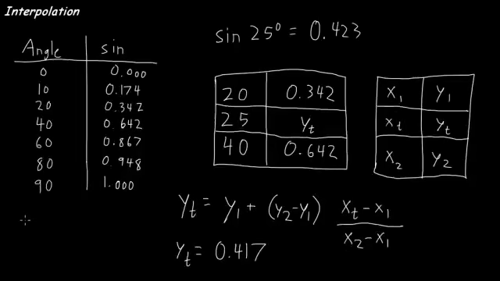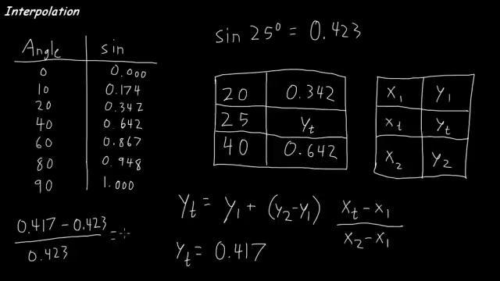An additional exercise that's good to know how to do is calculate percent error. So let's calculate exactly how close to the correct answer we got in terms of percent error. So we take our guess value, which is 0.417. That's our approximation. We subtract the true value, which is 0.423, and we divide by the true value, which is 0.423.